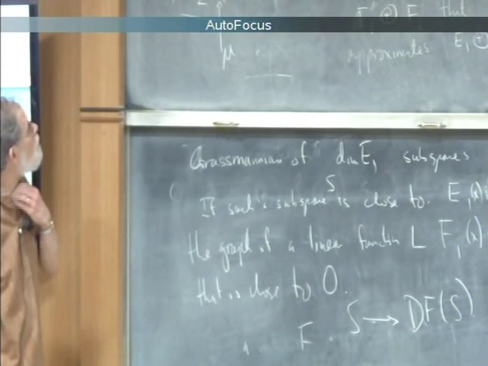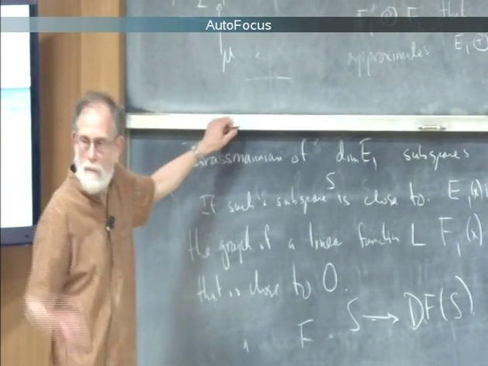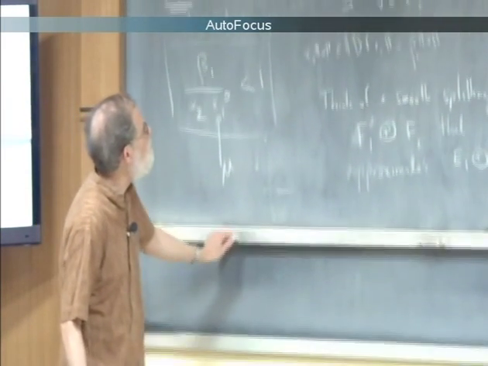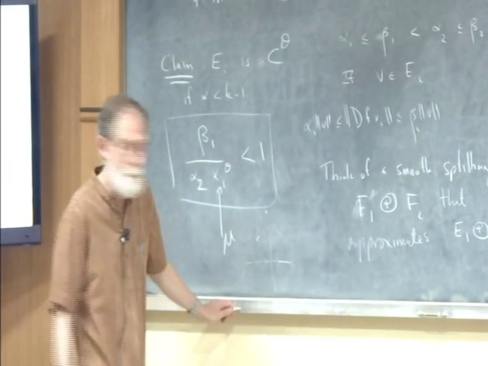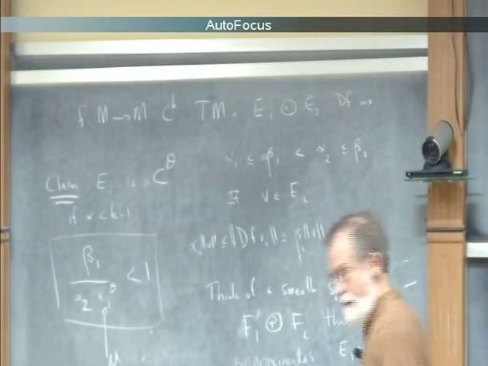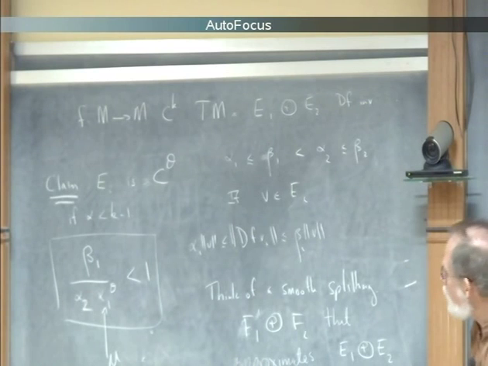In the case of surfaces, the bundles E1 and E2 are one-dimensional. When you have a one-dimensional bundle, these numbers are the same because there's just one number, which is what happens to your one-dimensional bundle.